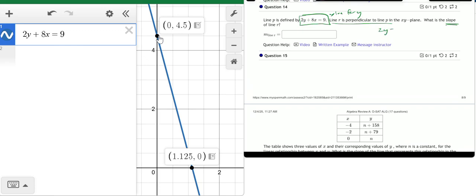So if we took this equation, solve for y, subtract 8x from both sides, then divide each term by 2. We get our slope is -4. If the slope is -4, then what does that mean the slope of a perpendicular is going to be? 1/4, right? Change the sign, flip the fraction, and so that would be easier to solve by hand as well.